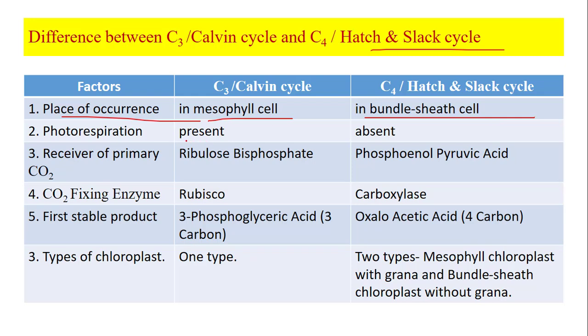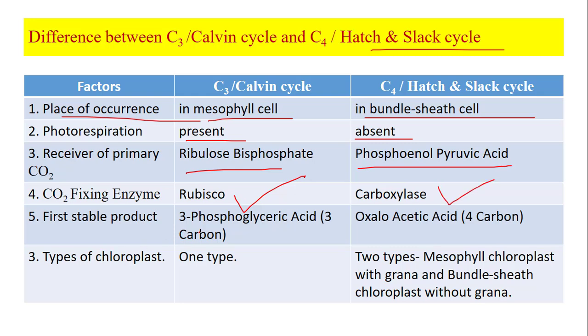Photorespiration is present in C3 cycle, whereas it is absent in C4 cycle. Receiver of primary carbon dioxide in C3 cycle is ribulose bisphosphate, whereas in C4 it is phosphoenol pyruvic acid. Carbon dioxide fixing enzyme is Rubisco in C3 cycle, whereas it is PEP carboxylase in C4 cycle.